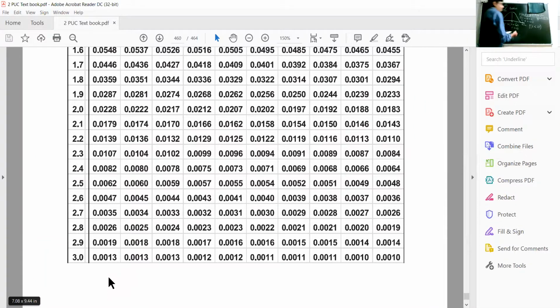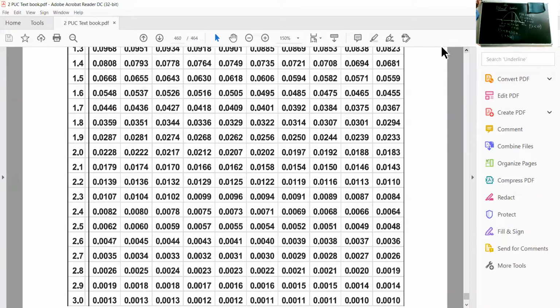Now coming to the question, if you want an answer for any other number which is not 3.3, let me say you need an answer for z greater than 1.5, then mark 1.5 and see what is the area from 1.5 to infinity. Now you have the value 1.5 here. As said, it gives you various cases from 1.5.